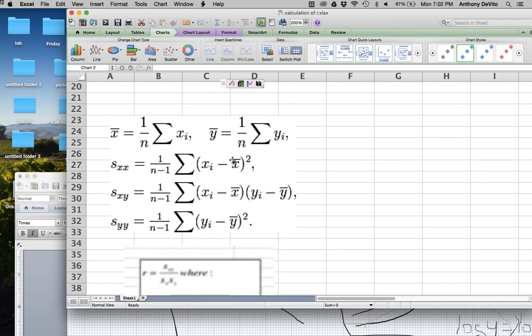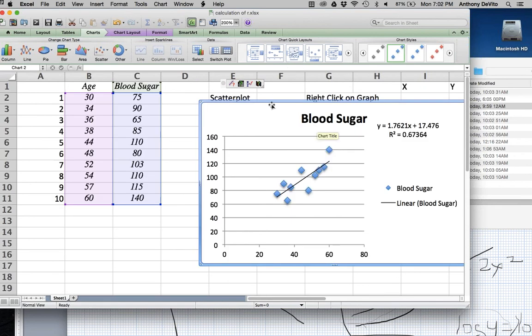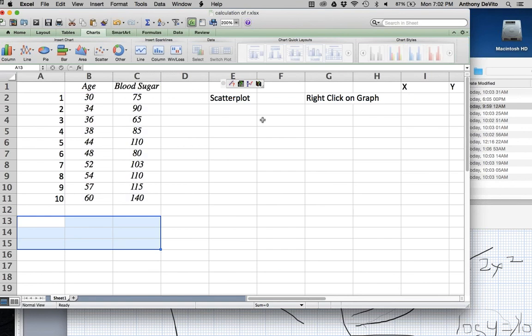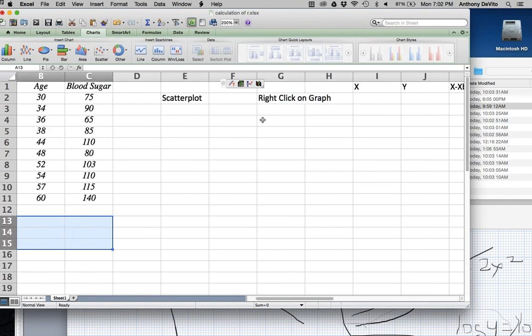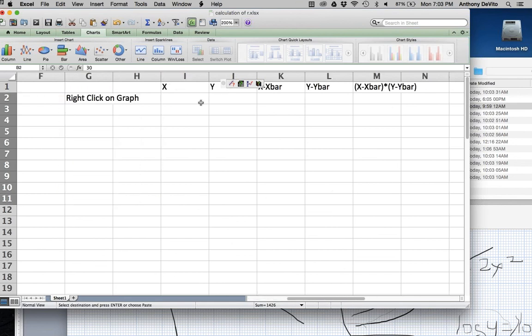They're equal to the sum of all the differences squared, like sum of squares, divided by the sample size minus 1. I'm going to get rid of the scatter plot first, just so that we have the vague idea this actually works. I'm going to lose the names age and blood sugar and just look at it as x and y.